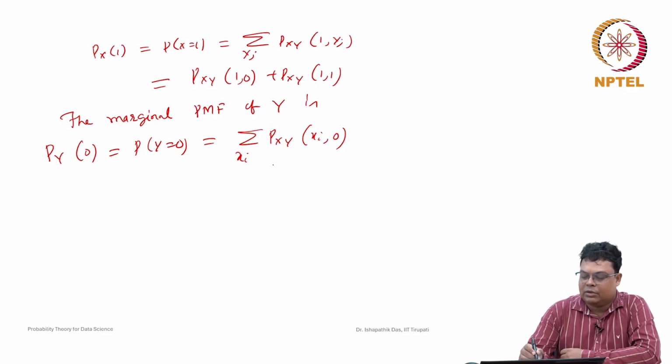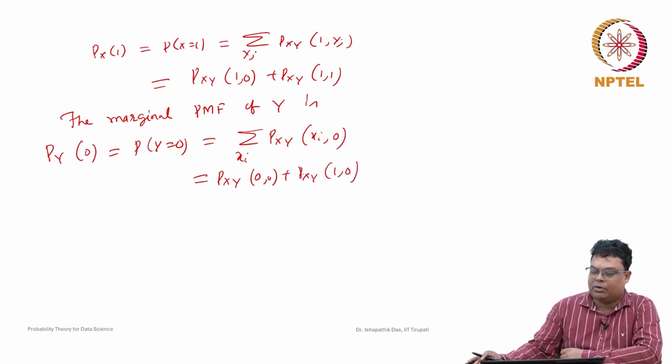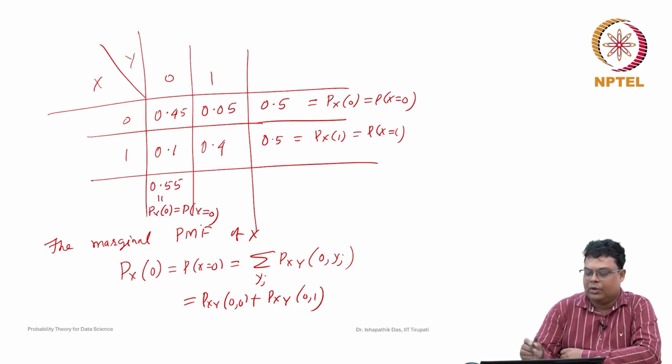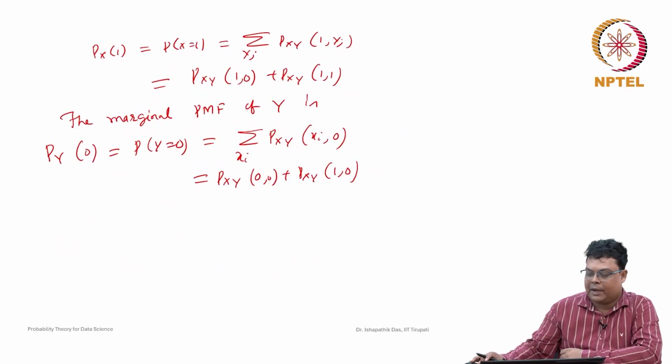So this is nothing but P_XY of 0,0 plus P_XY of 1,0, since x_i can take two values. If you take this sum, it is 0.55. So this is equal to P_Y of 0, the probability that Y is equal to 0. So we are getting 0.55.